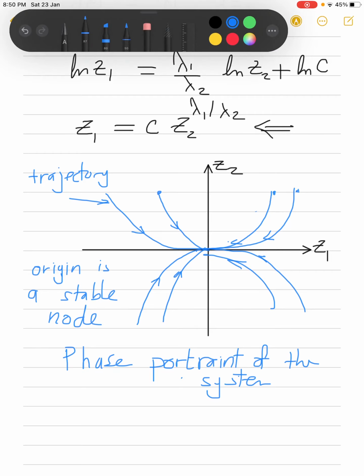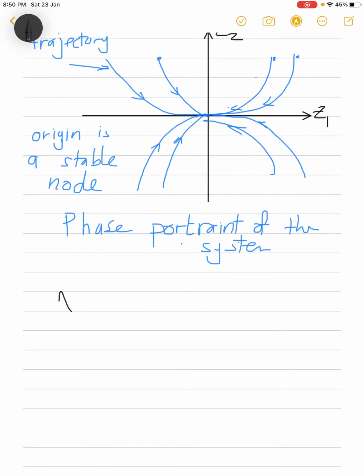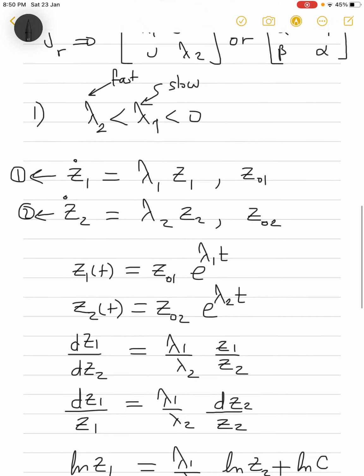Now, consider a case where lambda 1 and lambda 2 are both positive and they are not equal. In that case we will notice that both z1 and z2, since the exponent will be positive, will go to infinity as time goes to infinity.